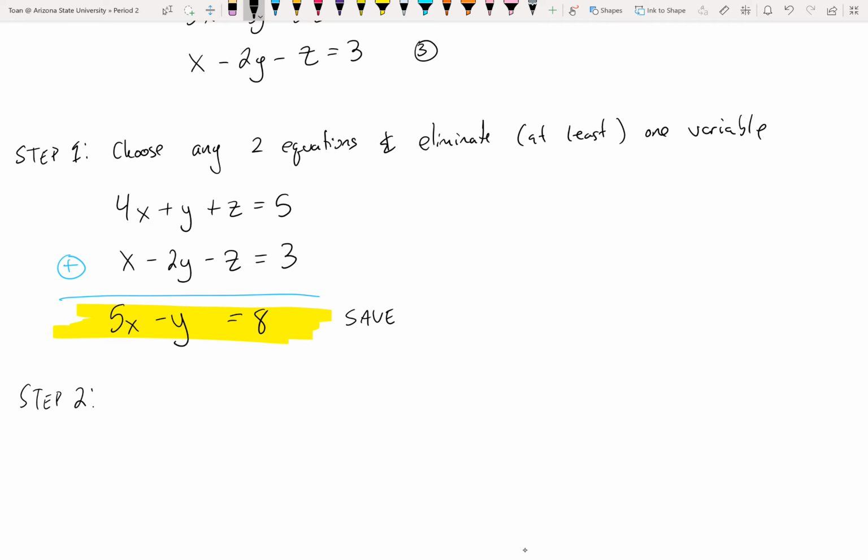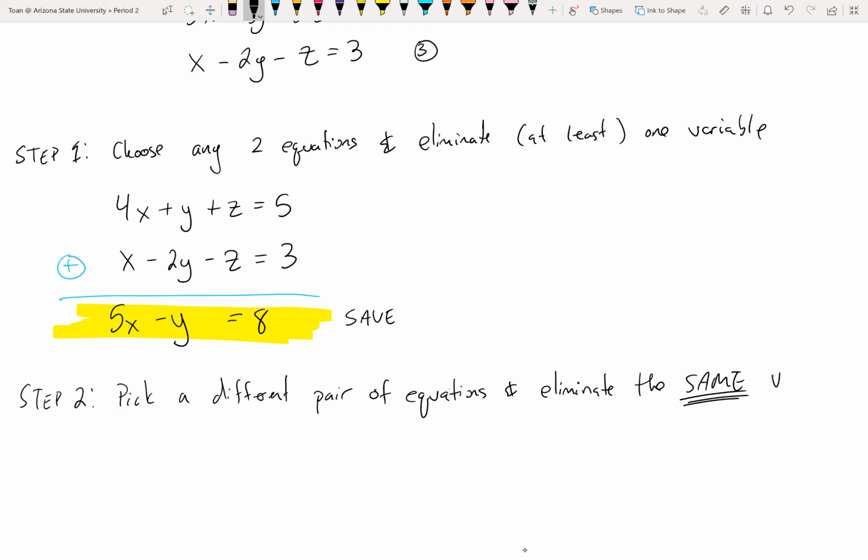So we're going to put the pause on that step, go into step 2, pick a different pair of equations and eliminate the same variable. That's important here.